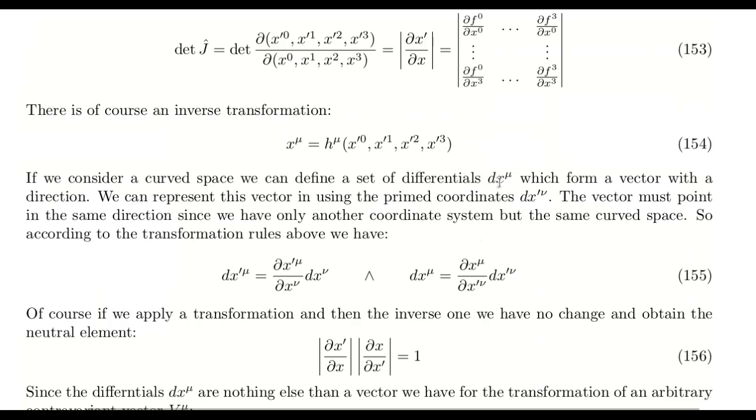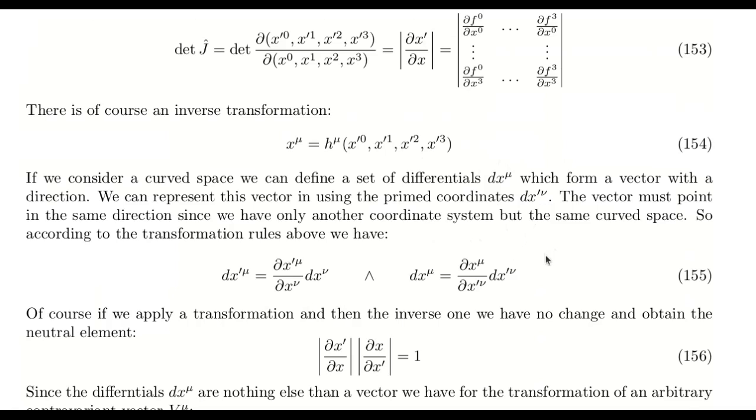This vector has a direction. The same vector can be represented by the primed vector of the other coordinate system, dx mu primed. This other vector must point in the same direction. We use only other coordinates, but the physical things do not change.